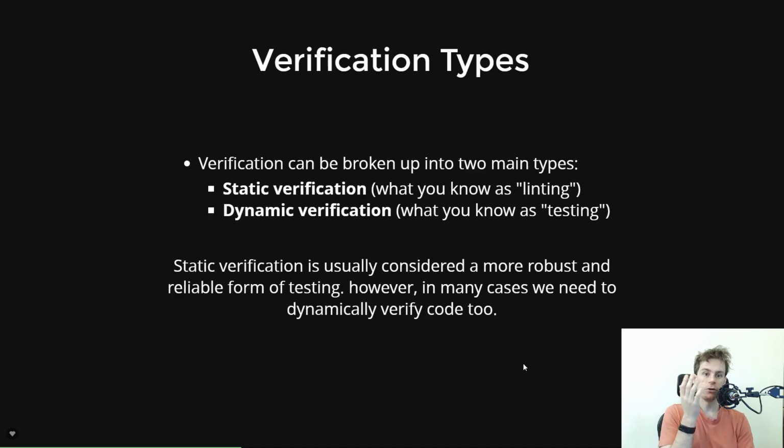And the reason for that is, it's like compilers. Compiler errors are easier to see. They're less likely to cause problems. They're easier to test. And there are certain languages that have better static verification.